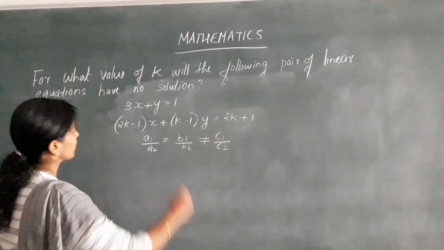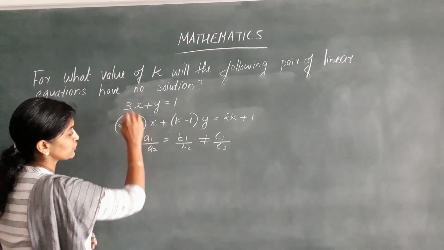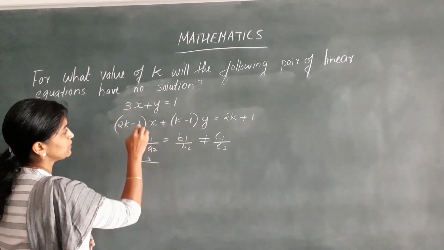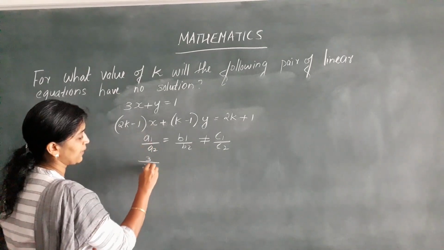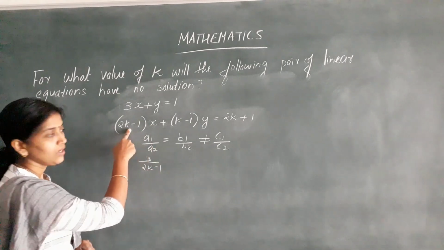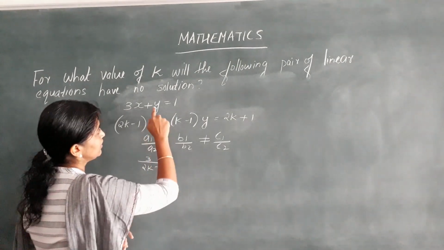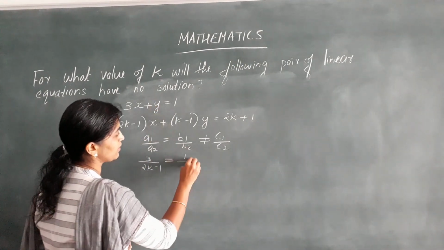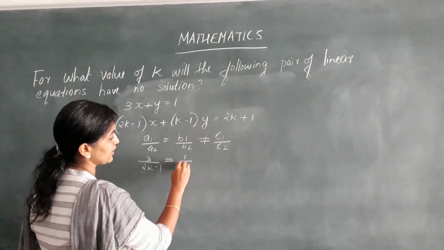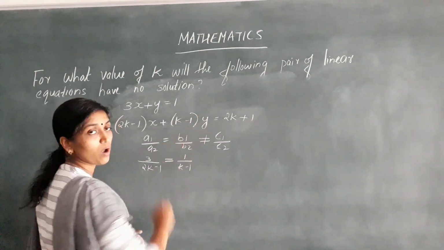That is, a1 means the coefficient of x, it is 3. a2 means the coefficient of x in the second equation, it is 2k minus 1, isn't it? Now b1 means the coefficient of y, that is 1 here. b2 is the coefficient of y in the second equation, which is k minus 1.